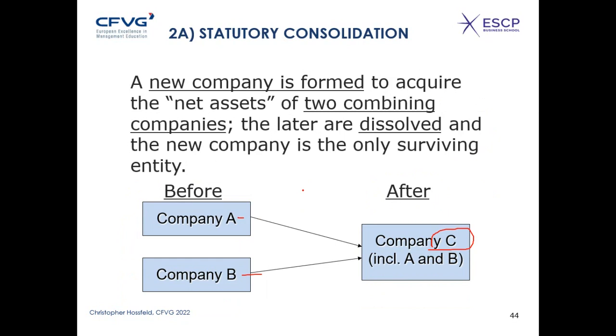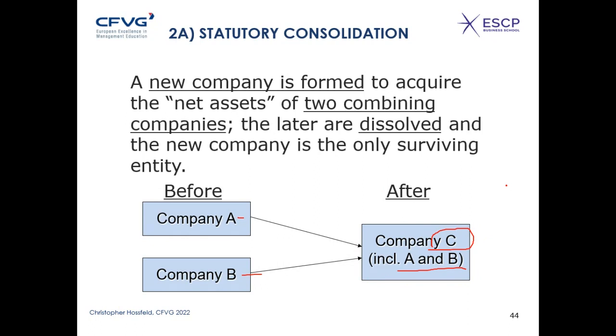The only legal entity that will continue to operate is company C. But now company C includes all the assets, all the liabilities, all the activities of companies A and B. So it is the same thing as in a statutory merger: before the consolidation, we have two legal entities; after it, we have only one legal entity. But again, the activity of both companies continues to operate.